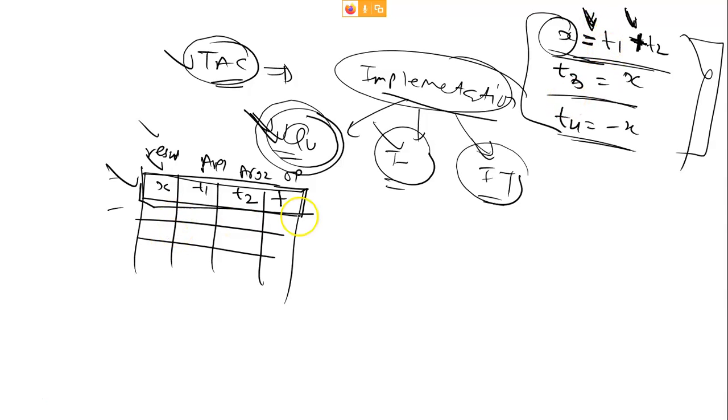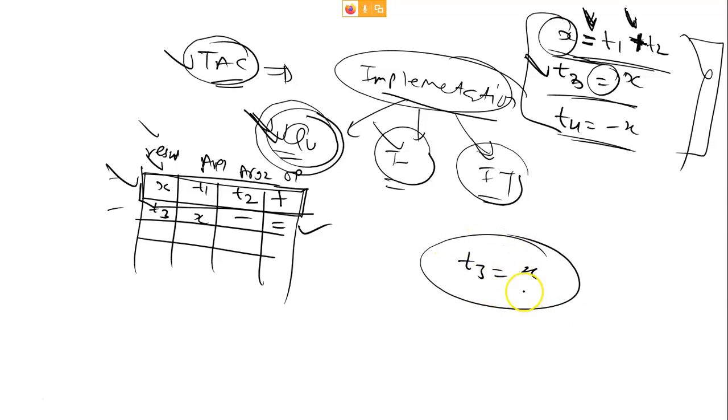Now for example, if you make the record for t3 equal to x, then the result is t3, the first argument is x, there is no second argument, and the operator is equal. Remember, here we do this. When we have this copy instruction, t3 equal to x, this is just a copy instruction.